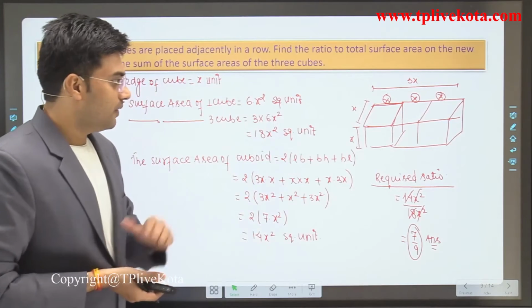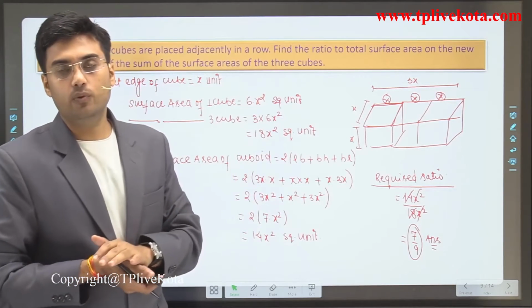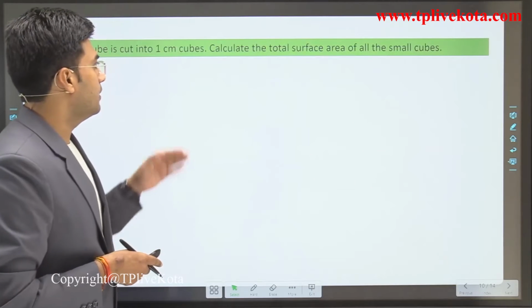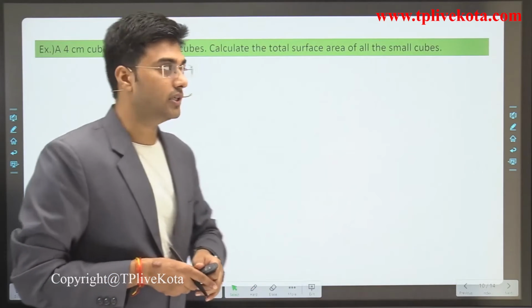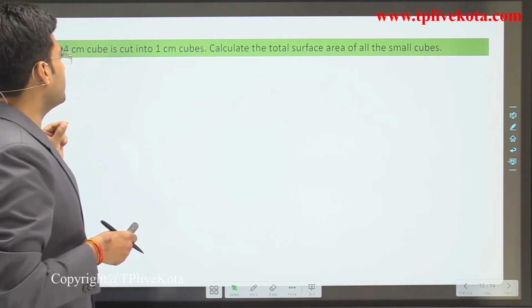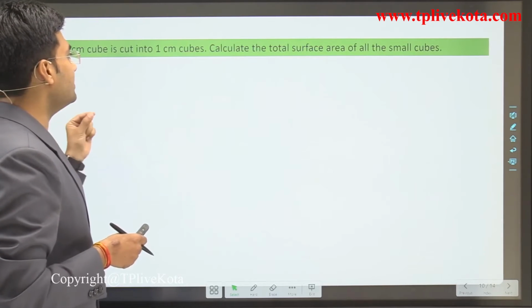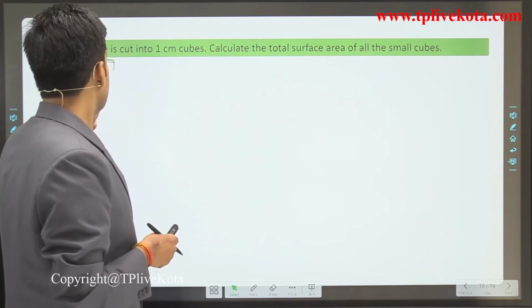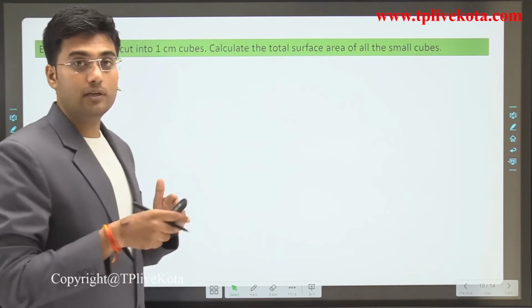So now after this question, let's move to the next question. And students, it is given that a 4 centimeter cube is cut into 1 centimeter cubes.